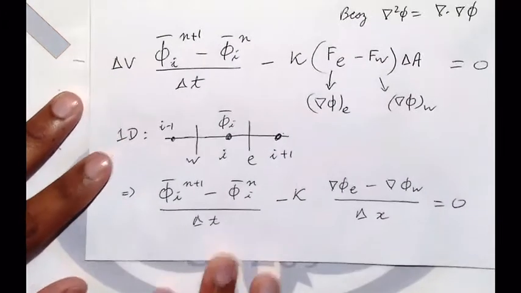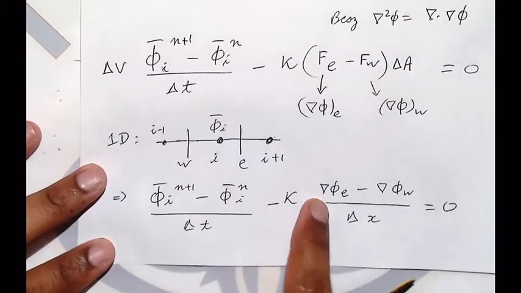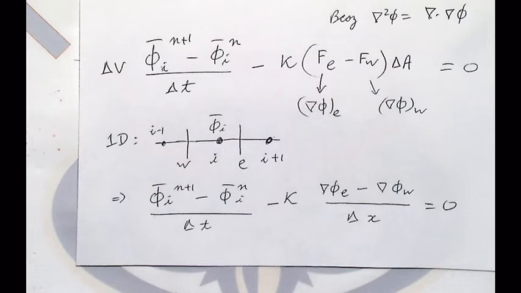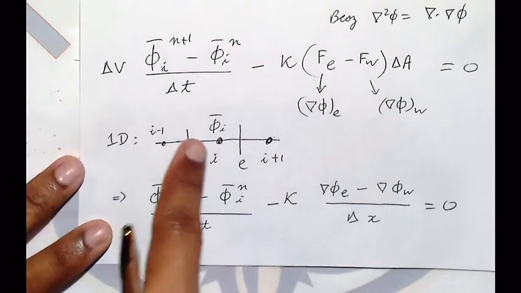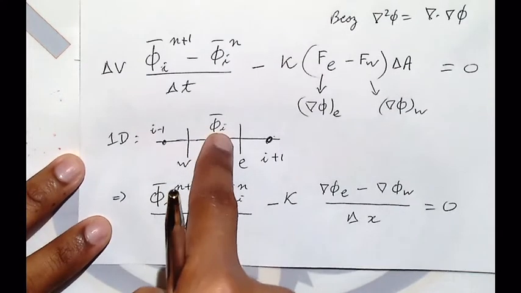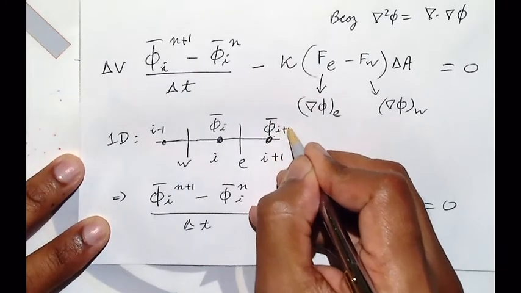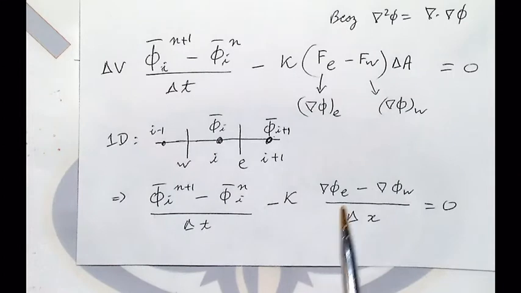Now we need to figure out what nabla phi east and nabla phi west are. But remember, the only thing we store in finite volume schemes is the cell average: phi bar I plus 1, phi bar I minus 1. Tell me one way you would like to write nabla phi east.